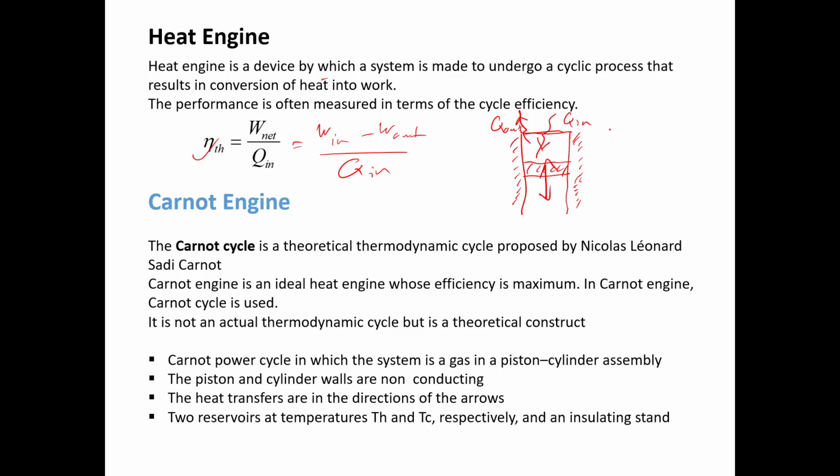So let's assume we have three blocks. The heat source, let's denote as temperature TH, high temperature, and we have a heat sink, that means low temperature TC. And we have another one called an insulation block, right?